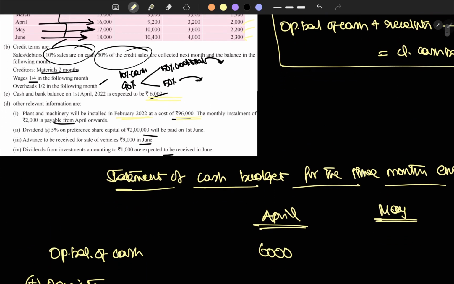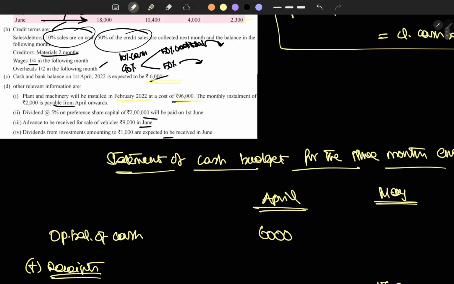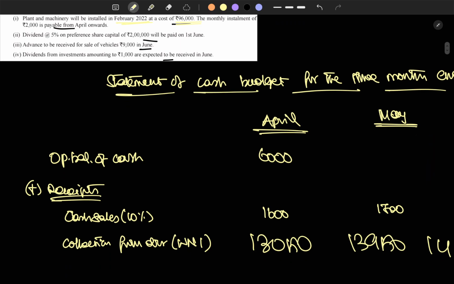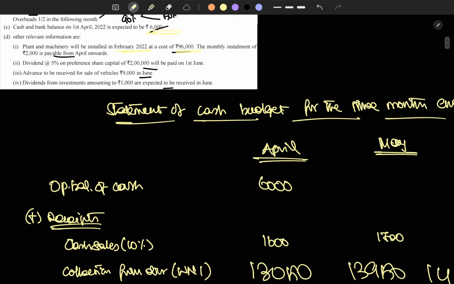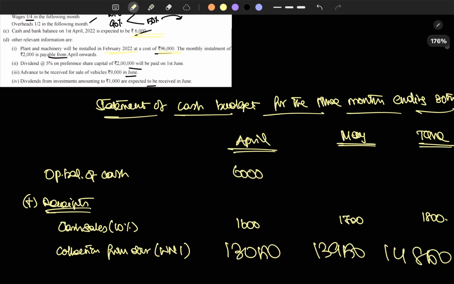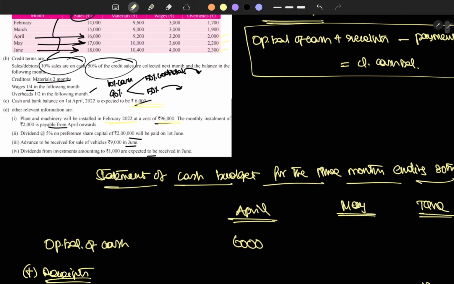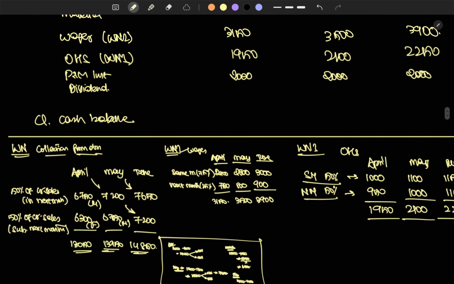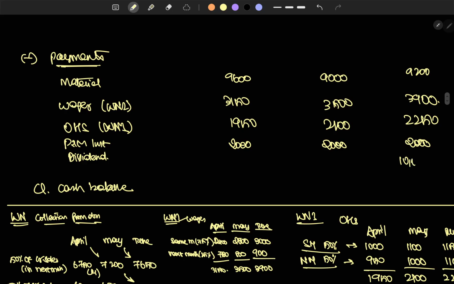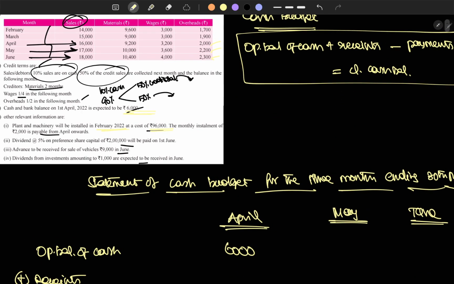Now, then dividend. The 5 percentage of dividend paid in June, which is just 10,000 dividend we paid. Dividend on preference share capital will be paid in June.